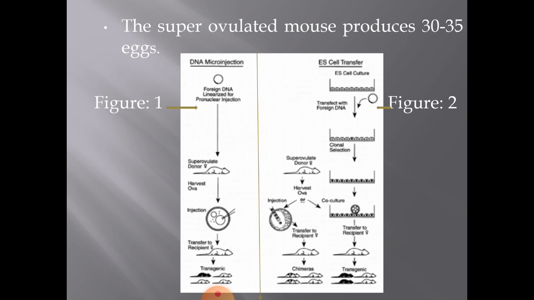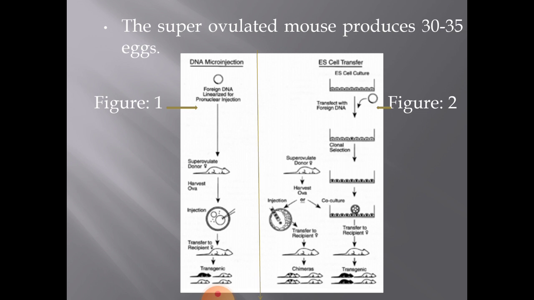But adequate care must be taken: when you are inserting the DNA of your choice, you have to puncture the elastic nuclear membrane, but at the same time you are not going to damage the nucleoli. The needle should not touch the nucleoli. For this purpose, a dissection microscope can be used for identifying the male pronucleus and for microinjection.